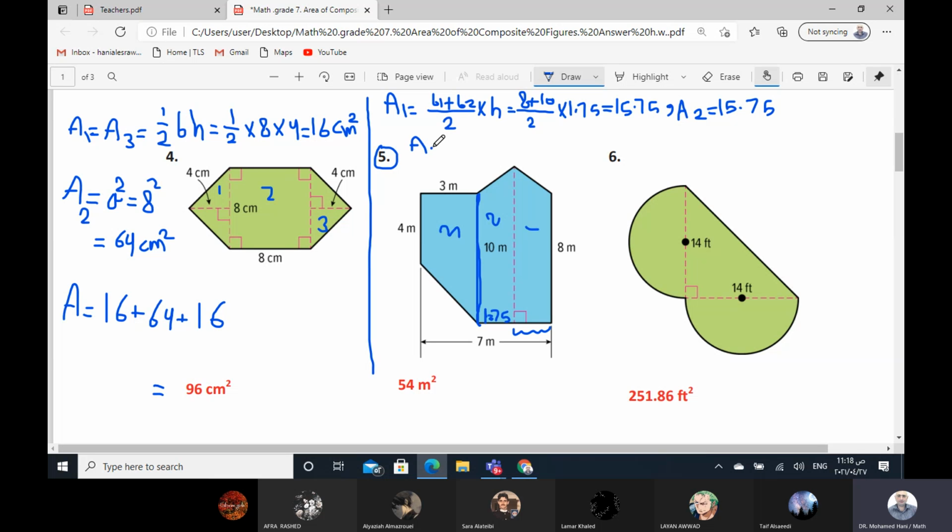Now A3. This is A3. Here we have 4 and here 8 over 2, and this is the height, times 3.